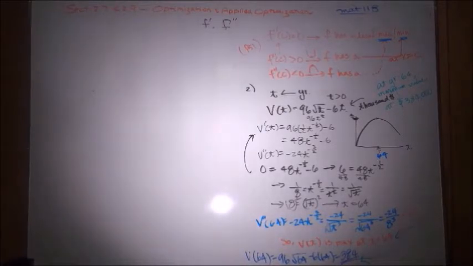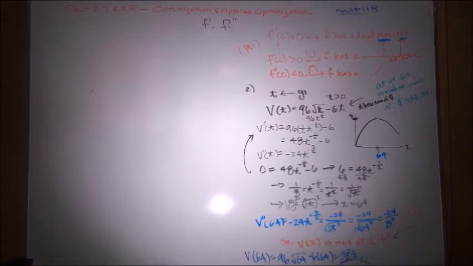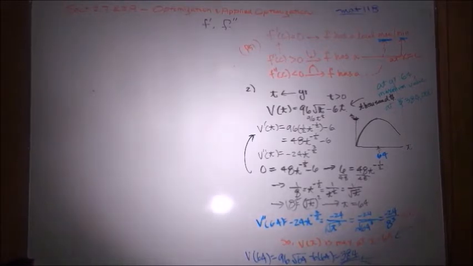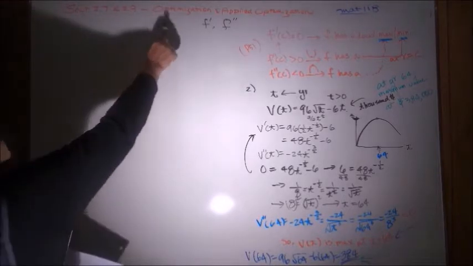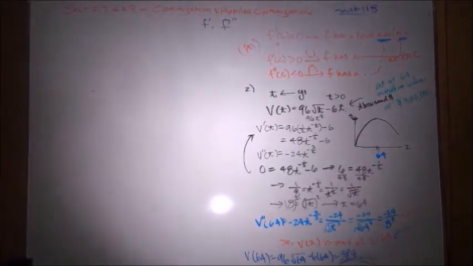So that's how we use f prime and f prime prime to check and find out the maximum value and at what time we will have it. That's what we are talking about, optimization.